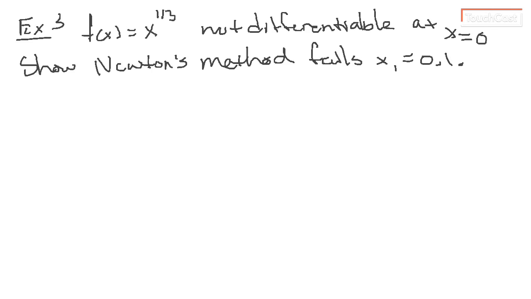So, what we know we need to do is find f prime. To do that we bring our 1/3 down, we have our x, and we reduce the power by 1, so that's going to be negative 2/3.